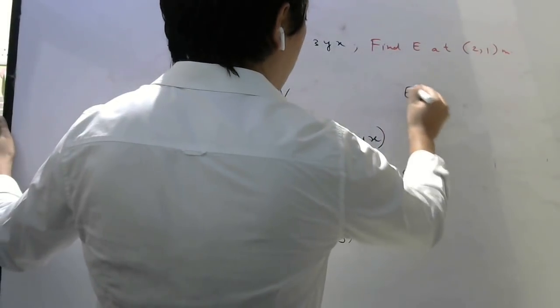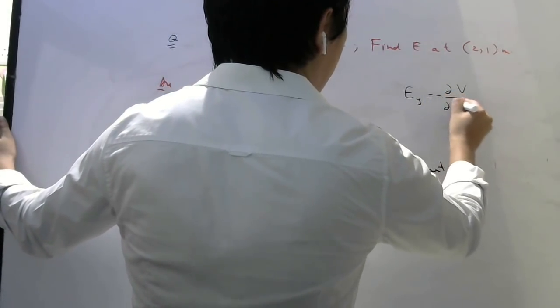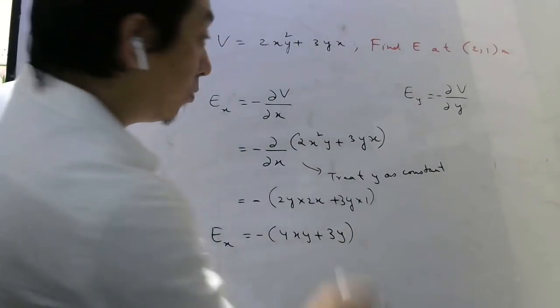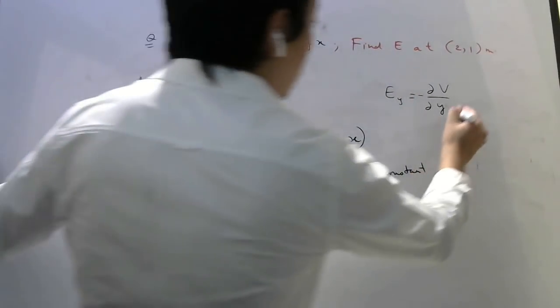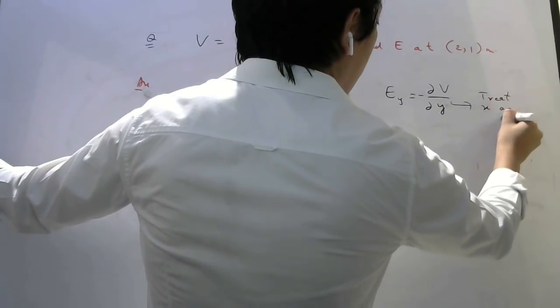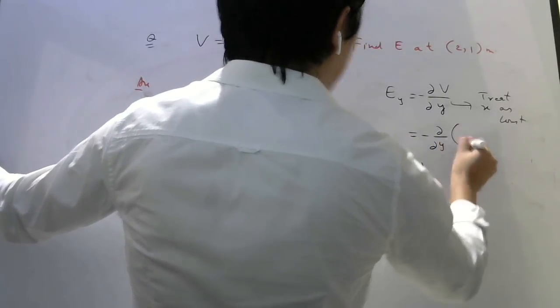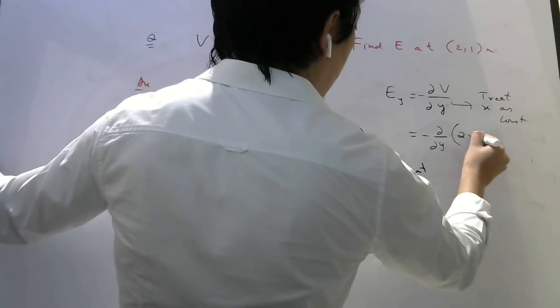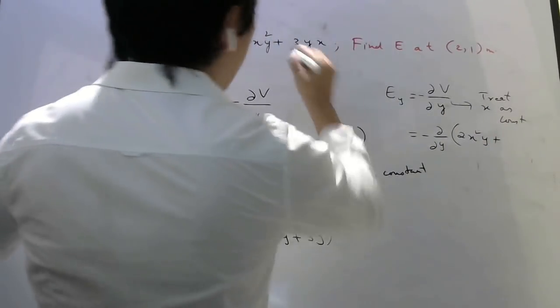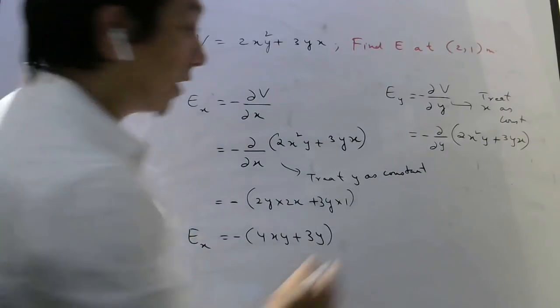Similarly, what will be the y component of electric field? Minus del V by del y. Now when you take this differentiation, you have to treat x as constant. So substitute the V function. The V function was 2x square y plus 3yx, right? Okay, so now you treat x as constant.